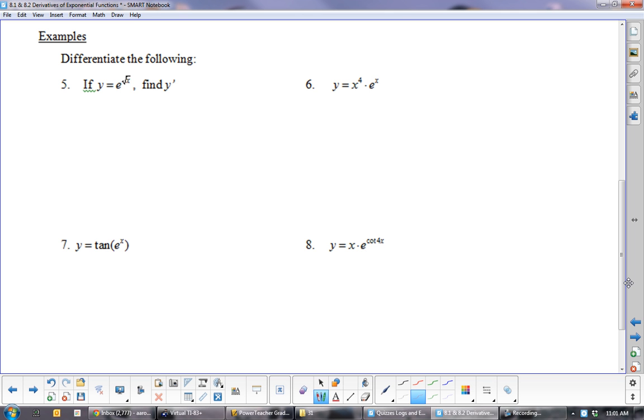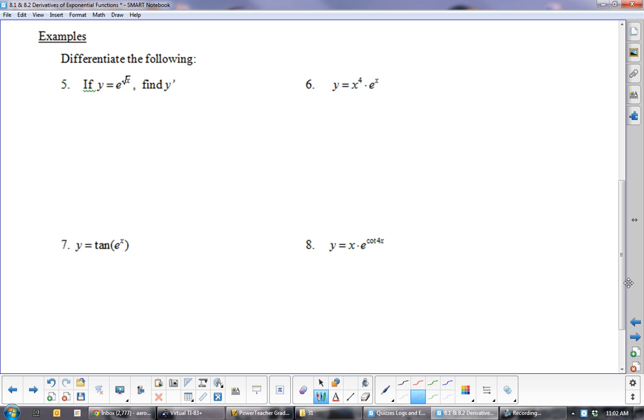So, third page, there's the very first one. Very, very top there, the blue ones.